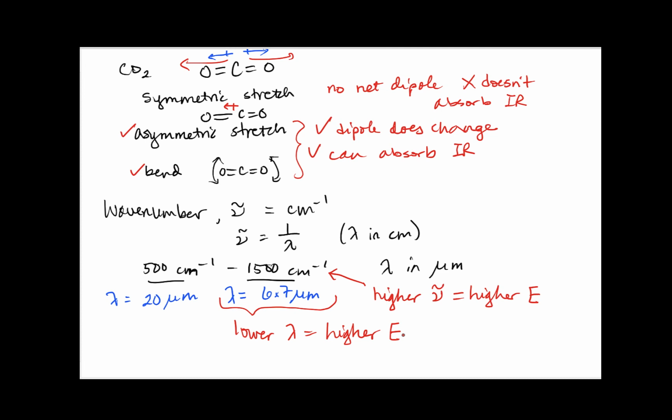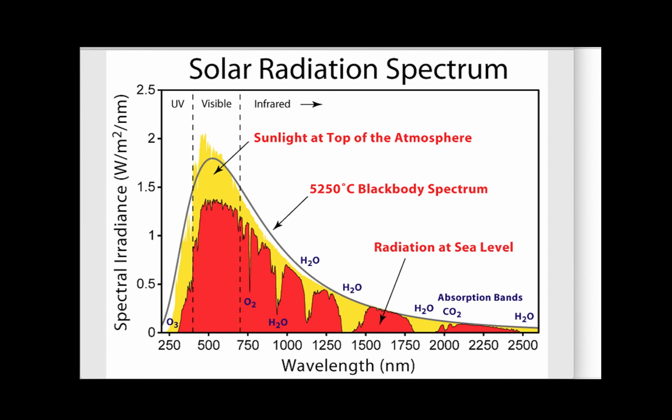So we're going to take a look at the spectrum. We've taken a look at this image before. This shows us the spectrum of sunlight at the top of the atmosphere. The black line is the black body curve at 50 degrees Celsius, which is maybe a little bit cooler than the calculation that we were estimating earlier for the sun.